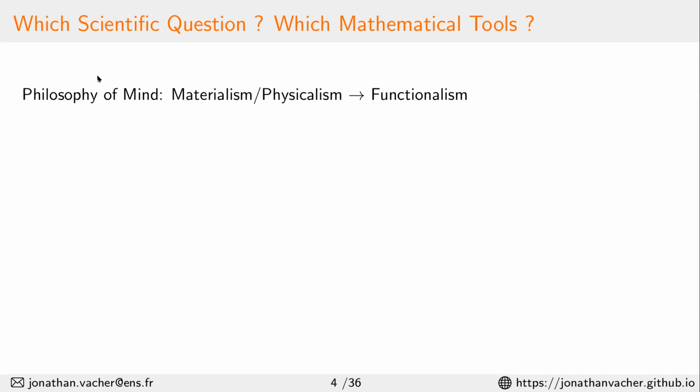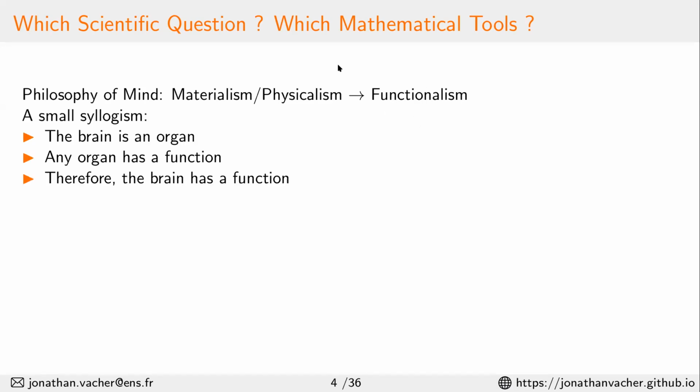I started by asking, well, what is our approach to the brain? And I think this is a dominant approach. We are all using materialism and physicalism to understand the brain. And this recently led to functionalism, which can be understood with a small syllogism. The brain is an organ, an organ has a function, and therefore the brain has a function.